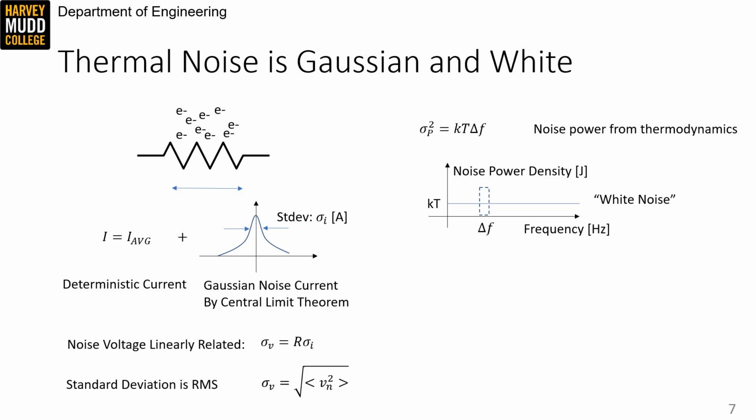We're going to pull a few results from statistical mechanics with little justification on the rest of this slide. Statistical mechanics says that the variance of power is equal to Boltzmann's constant, K, times the temperature. And that's true in each differential bin of frequency. I've represented that with an equation at the top of this column and with a picture in the middle.